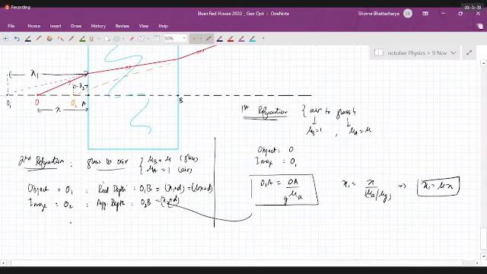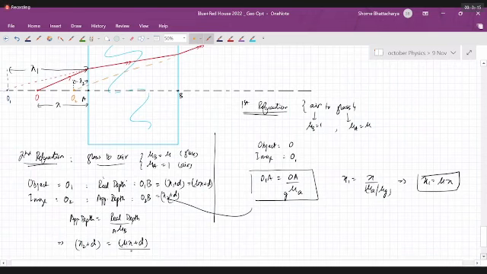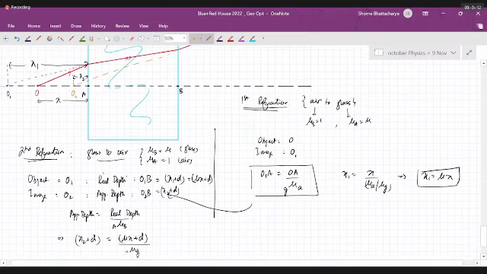So apparent depth is equal to real depth divided by mu of B with respect to A. So the apparent depth here is x2 plus d, and that is equal to the real depth, which is mu x plus d, divided by the refractive index of glass with respect to air. That's this.